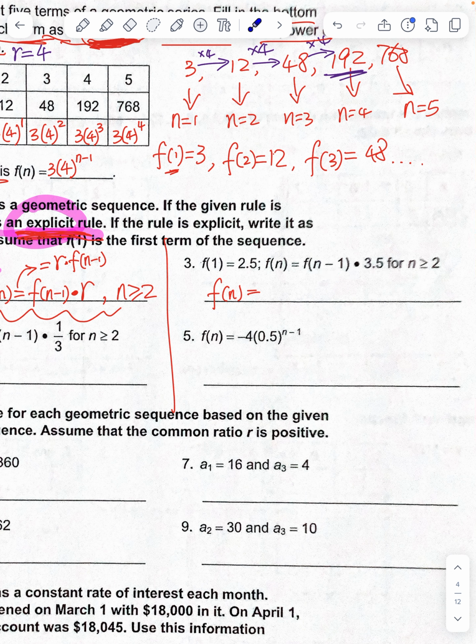Sorry, I need to put the first term first. So the first term multiplied by the common ratio raised to the power of n minus 1. So that's it.